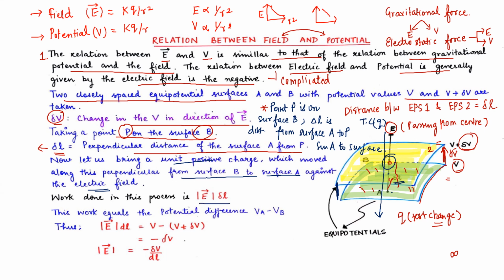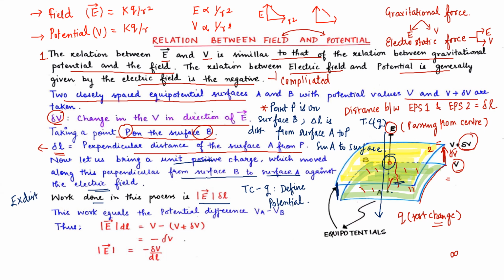First, why are we bringing our test charge Q here? It is brought to define potential. Secondly, work done is given as the electric field into the distance.